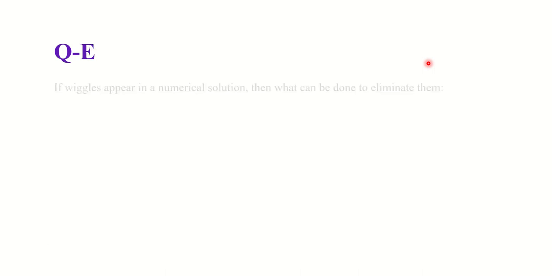Answer is 4. If wiggles appear in a numerical solution, then what can be done to eliminate them? Just recollect what we saw about wiggles. Wiggles are spatial oscillations, stable spatial oscillations. What can be done to eliminate them?